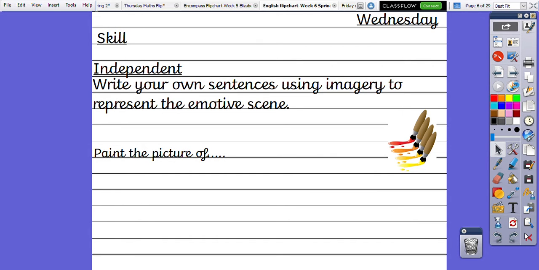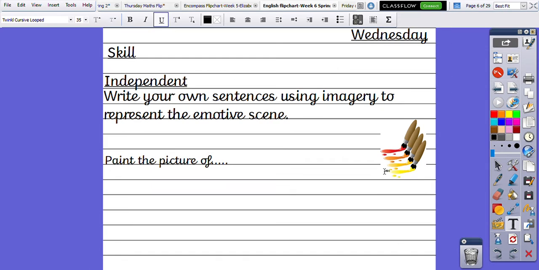So you are going to write your own sentences using imagery to represent the emotive scene. So you need to use imagery in your poem to represent the emotive scene of the perilous journey through the sea on the waves. You need to paint the picture of certain things that we need to make sure we have got in our poem.